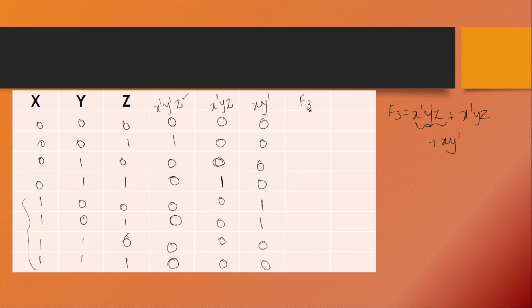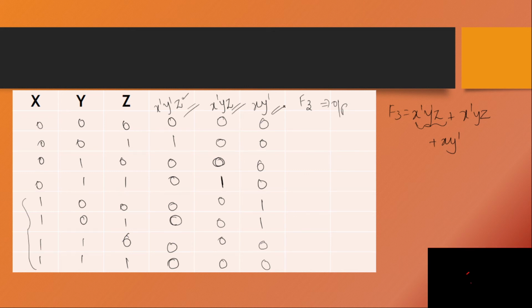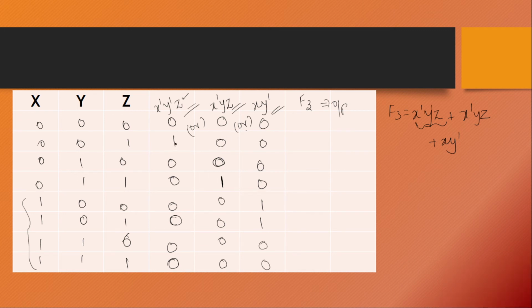Now we have to find out the total value of the final function, which is the output. So f3 is nothing else but x dash y dash z plus x dash y z plus x y dash. So we need to do an OR operation between all the 3 columns here. We very well know that when we have at least one 1 among all the 3 operations, definitely the answer is also 1 because we are dealing with OR operation.